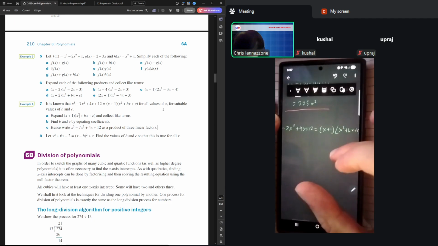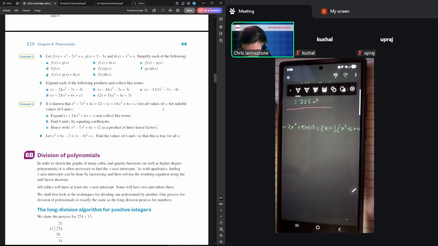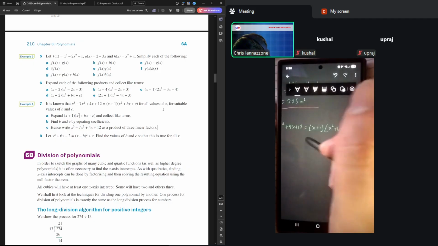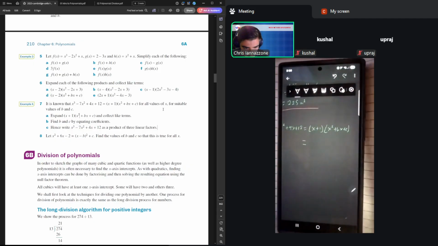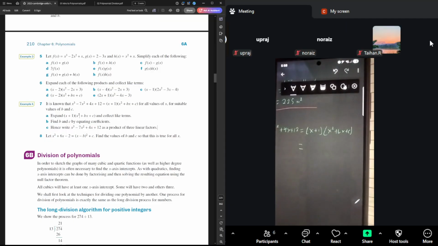Cool. 7a tells us to simply expand, so it's actually walking us through it quite nicely. So essentially just trying to expand that right-hand side. How's that going to look? Who wants to take a stab at that?